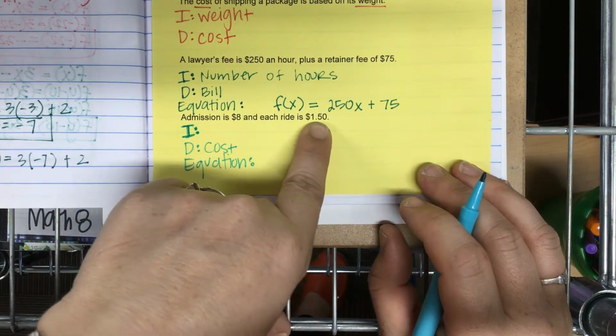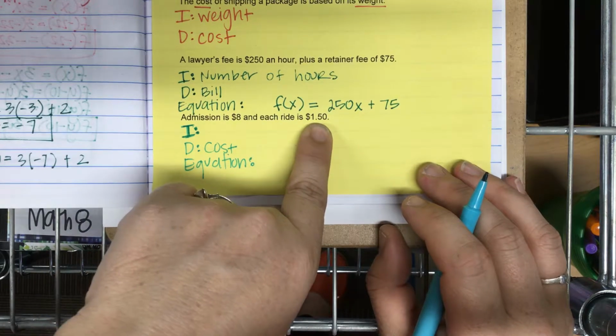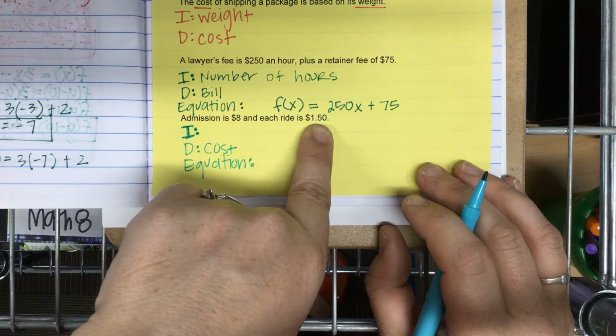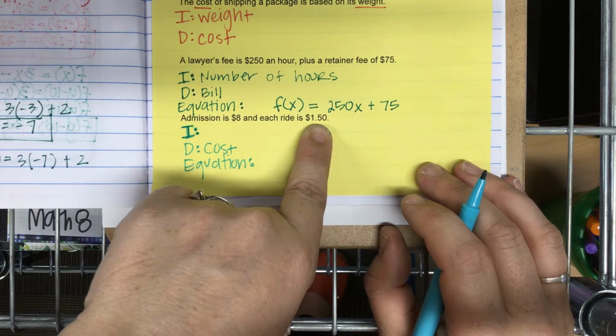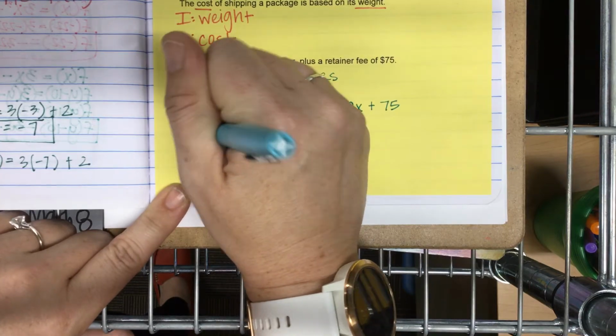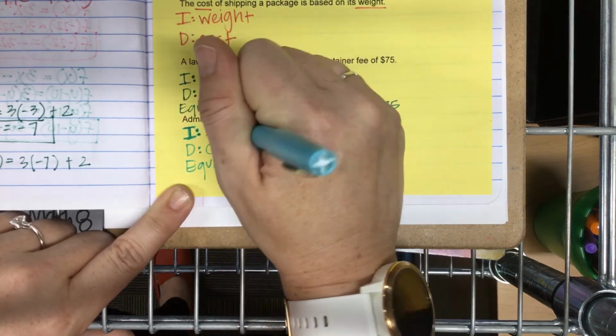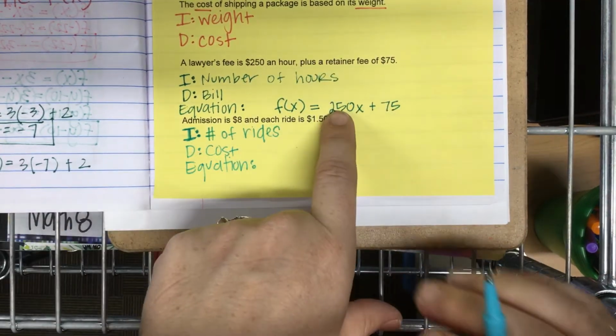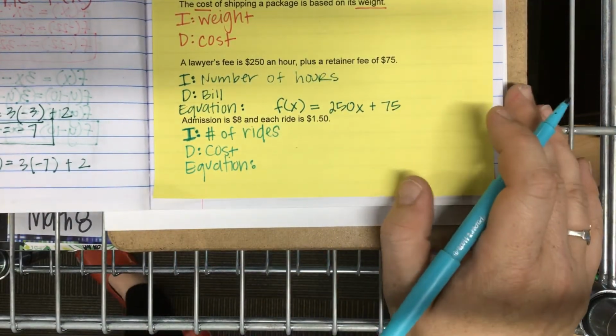Yeah. But the ride is $1.50. If you go on 2 rides, you're going to spend, right? Number of rides. One ride is $1.50. I can't control how much money a ride is. I can control how many rides I go on.